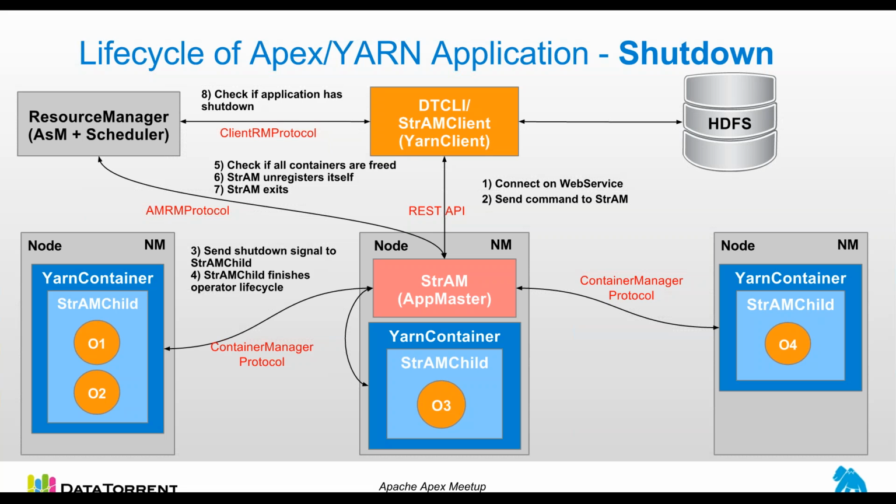Well, so resource manager is an entity which knows the overall health of the cluster. One of the things that I see a problem with your approach is if StrAMChild is exiting anyway, how would StrAMChild send a signal to StrAM? Right. So what StrAM needs to know is whether all the containers and all the StrAMChild have exited successfully.